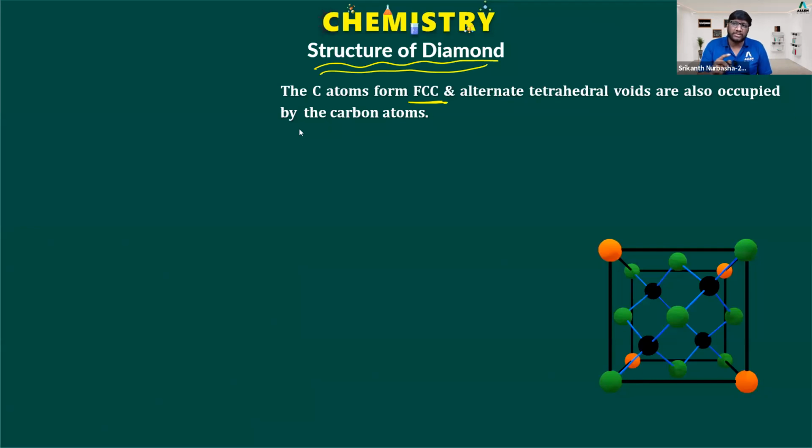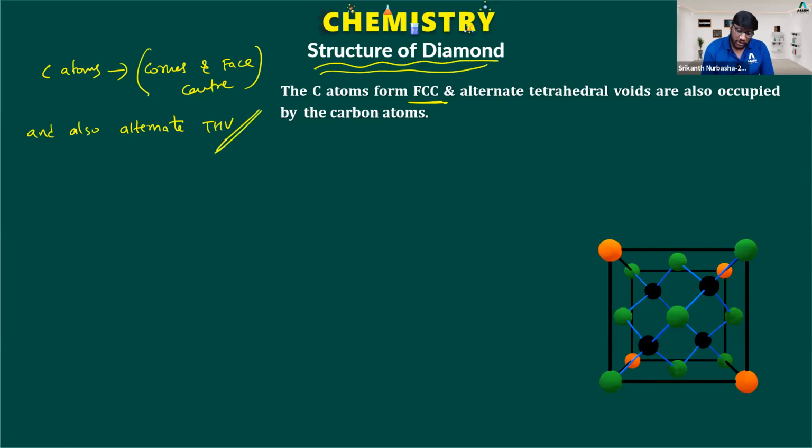So the carbon atoms are forming the FCC, present at corners and face centers, and also alternate tetrahedral voids. Understood this point or not?